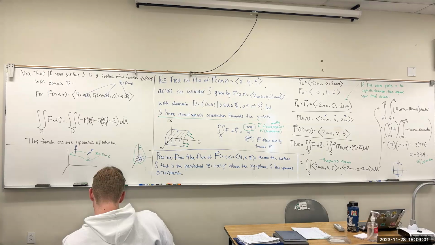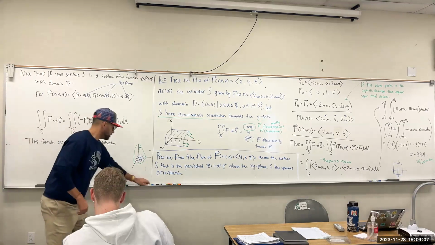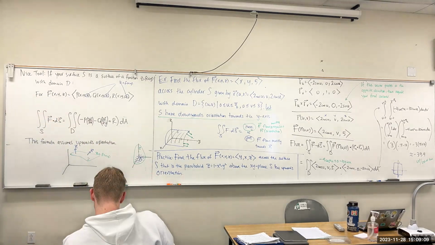So when you did this in chapter 15, you had a circle of radius 1 as your domain. You switch to polar. Remember the way you switch to polar.